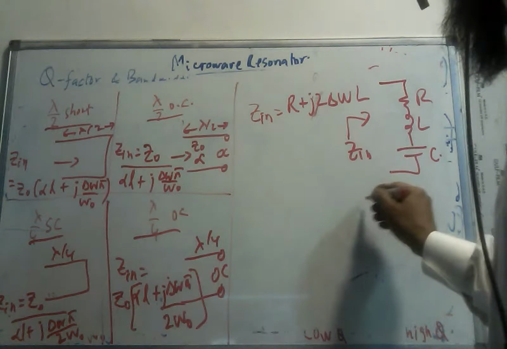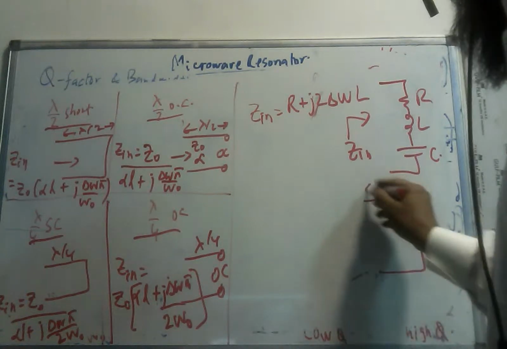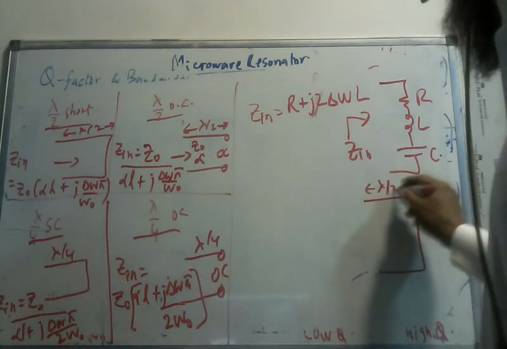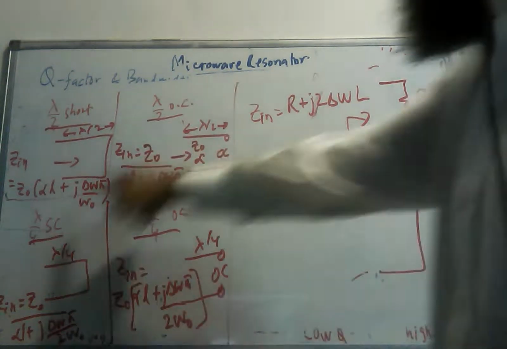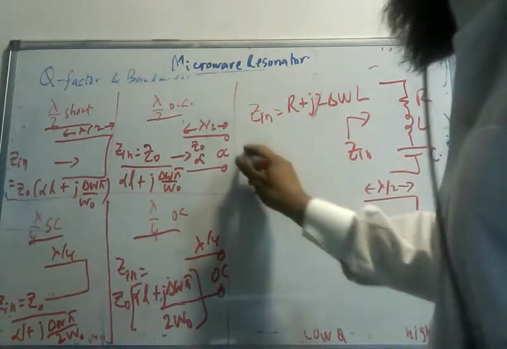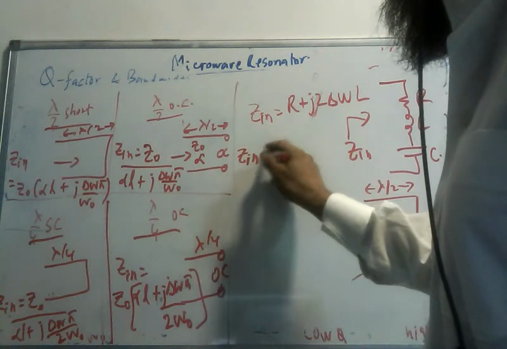So what I do is I can have a lambda by 2 short circuit. So the input impedance is this. We can make these two equal, so Z in equal to Z in.